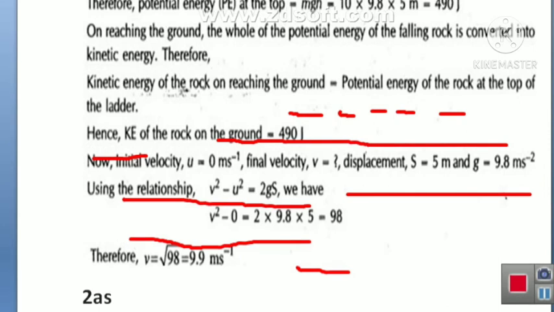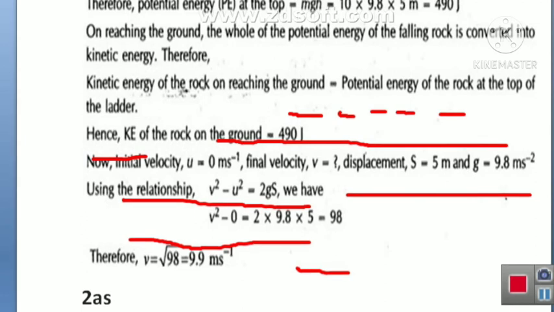Why is a equal to g? Because here the acceleration is due to gravity, since the rock falls down.